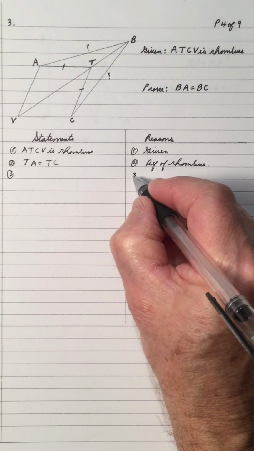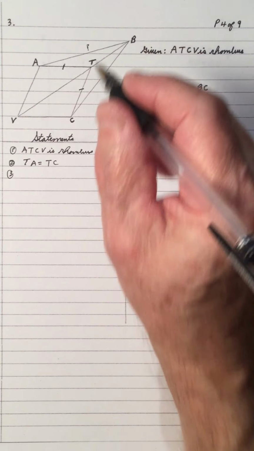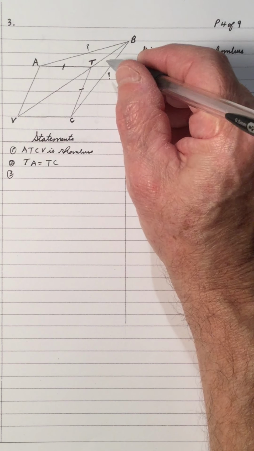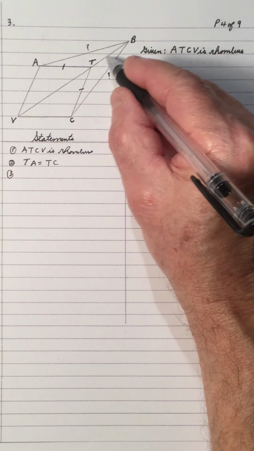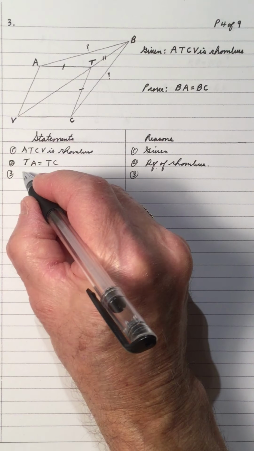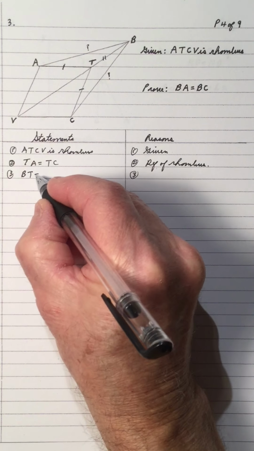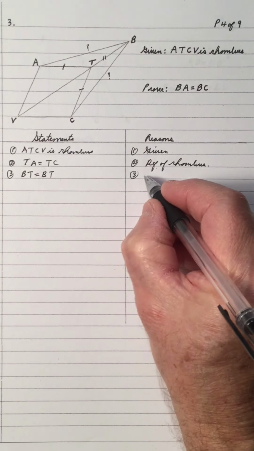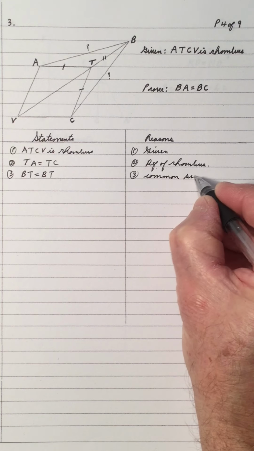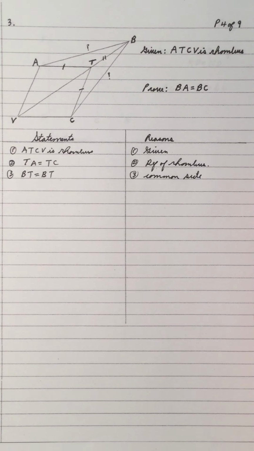Number 3. Now we have that. And what else do we have in a rhombus? I can see that I already have BT is equal to BT because it's a common side to both triangles.